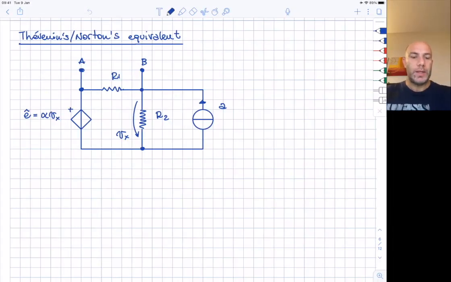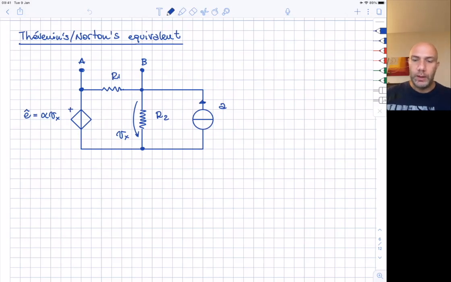Let's see what happens if we have to calculate the Thevenin's or Norton's equivalent of a circuit where we have a dependent source. The first consideration is that we can only calculate this equivalent when the controlling variable is inside the circuit.